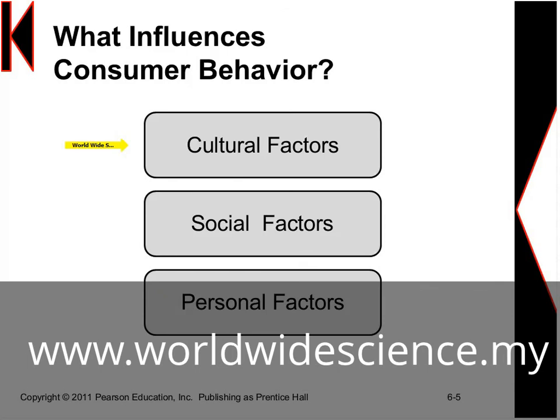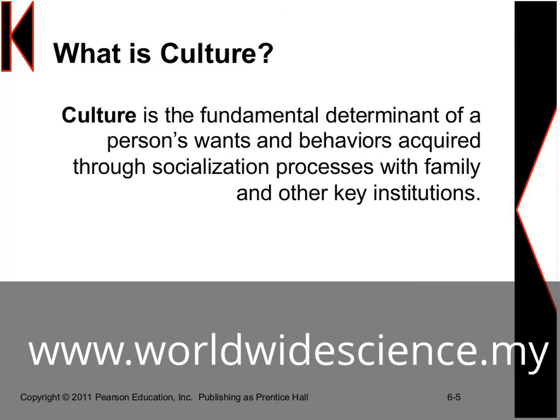We have some important factors: cultural factors, social factors, and personal factors. Let's review this. Culture: many of you know the definition of culture from many references. It's the fundamental determinant of a person's wants and behaviors, acquired through socialization processes with family and other key institutions.